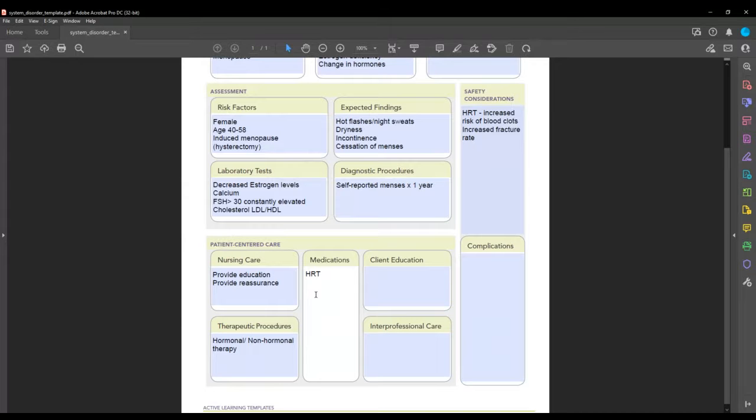Do you guys remember anything else from the reading besides hormone replacement therapy drugs that we can give? Yeah, Brandon. So there's herbal therapy, and people do take that.